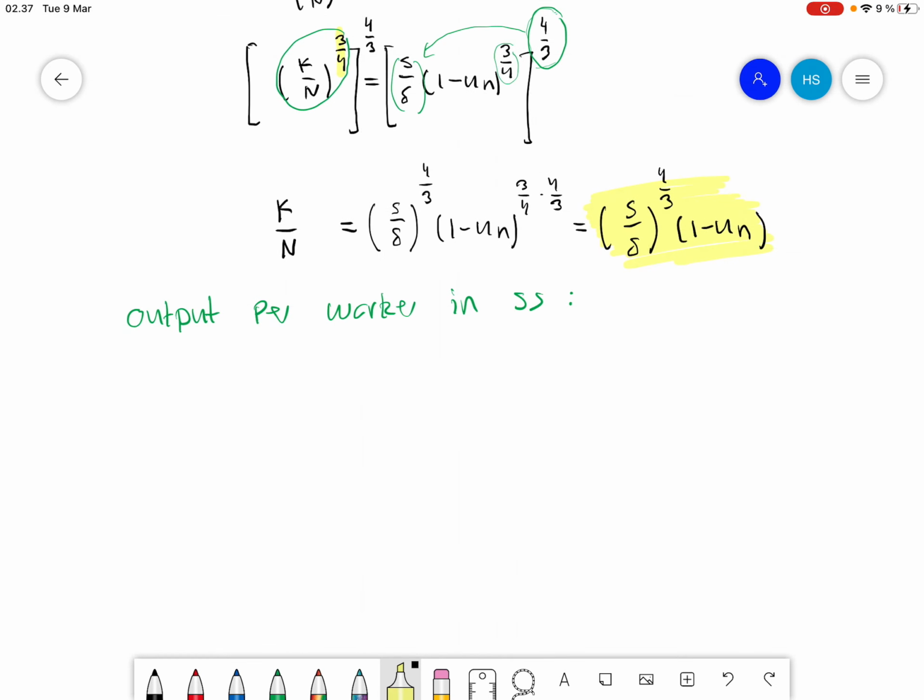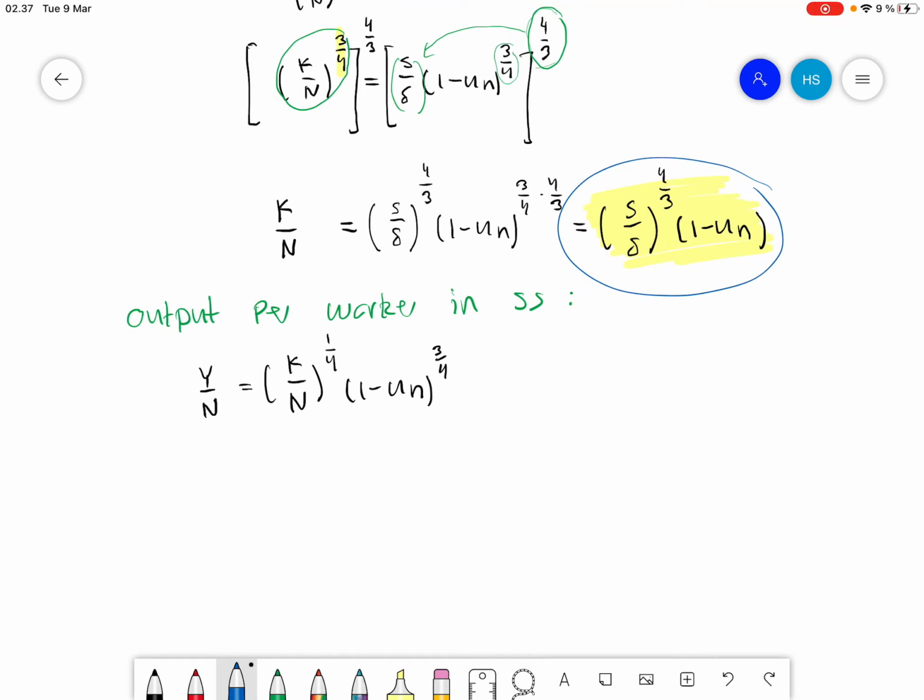So we write up this expression, Y over N. What is Y over N? That was K over N to the power of a quarter times 1 minus the natural rate of unemployment to the power of 3/4. So in order to get the output per worker in steady state, we plug in the capital stock per worker in steady state inside the output per worker function.